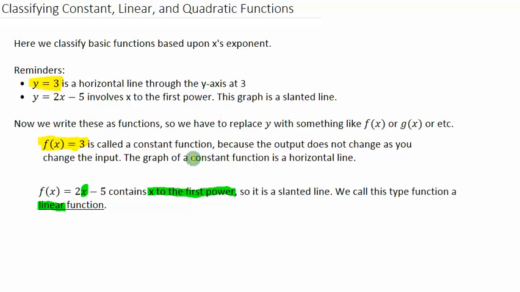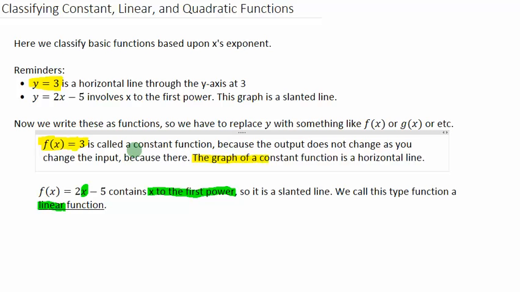Above, it's a constant function because there is no x. The output does not change as you change the input because there is no x.